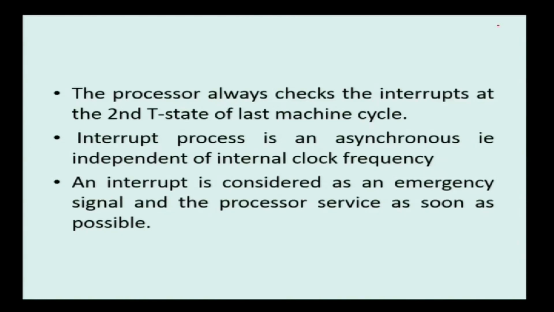The microprocessor always checks for the interrupt during the second T state of all machine cycles, or during the execution of every instruction, because at that time we are performing the completion of read and write operations.